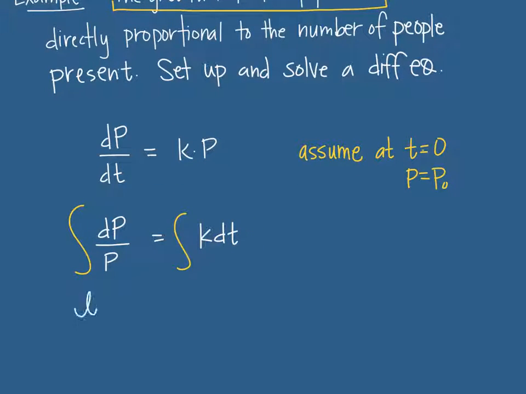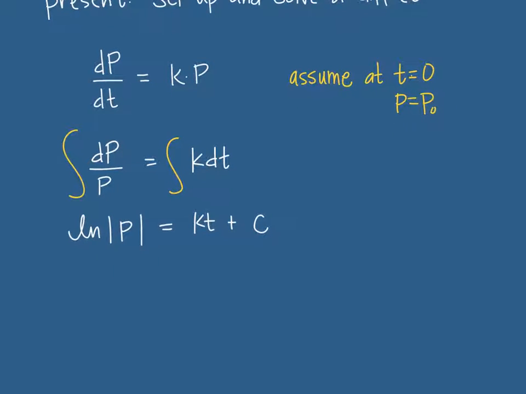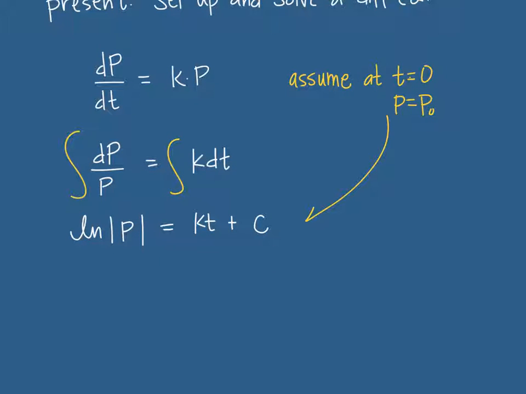We get the natural log of the absolute value of the population equals, okay, what's the antiderivative of the constant k with respect to time? kt plus the constant c. Okay, we'll pause here, and this is where we're going to solve for our constant c using our initial condition. So we're going to assume at time 0 that P is equal to P sub 0.